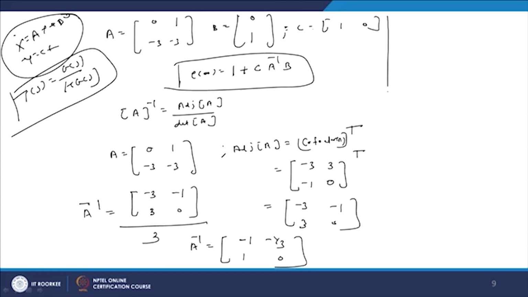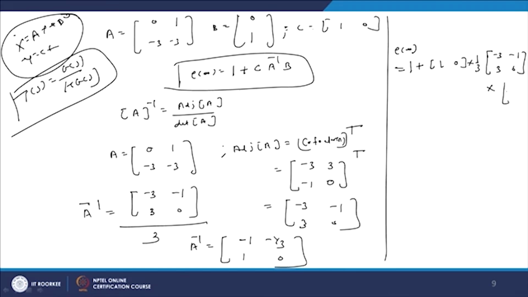Here we can solve it like this: E of infinity equals 1 plus, what is the value of C? C is 1 0. What is A inverse? It can be written as 1 by 3, again the same, minus 3 minus 1 3 0, multiplied by, what is B? B is 0 1.